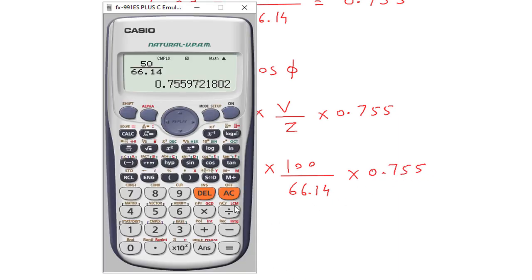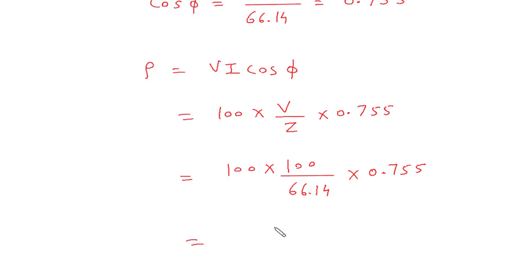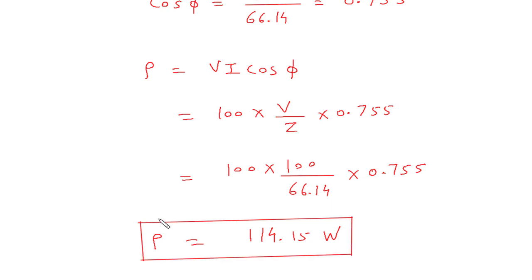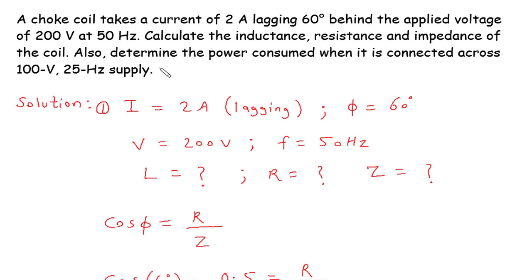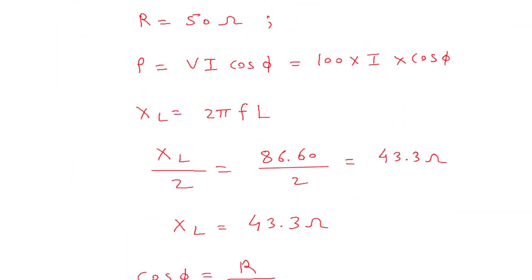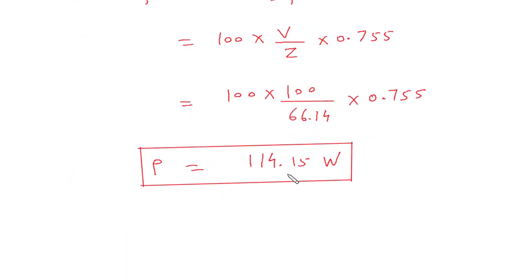So this will be 100 square divided by 66.14 into 0.755. So it is 114.15. 114.15 watt is the value of power. What we have to find? We have to determine the power consumed when it is connected across 100 volt 50 hertz supply. So power is 114.15 watt.